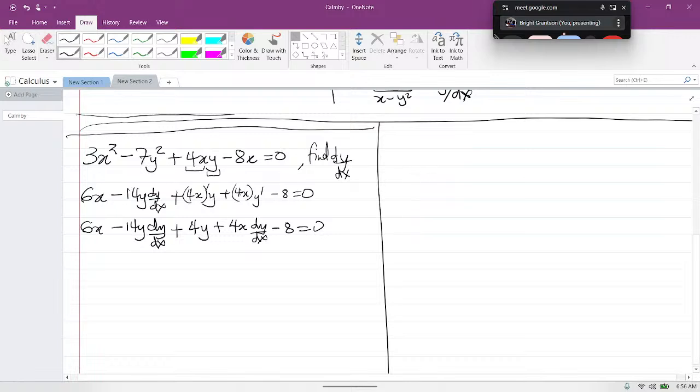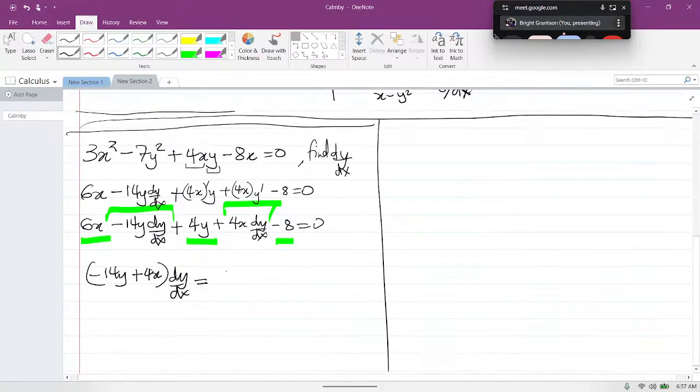So now let's simplify. Which ones are similar? This and this, and this and this, and this one too is with the down part. So we can move the down part to the other side. So now we have negative 14y plus 4x dy/dx. Those are the ones with dy/dx.